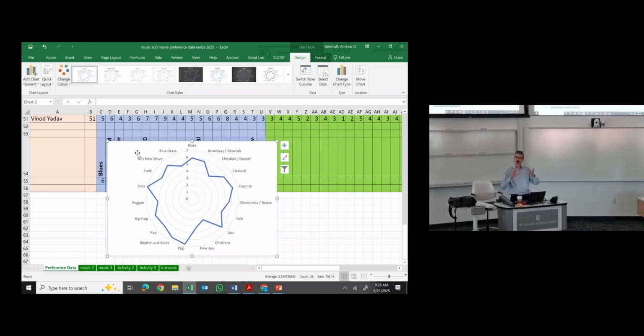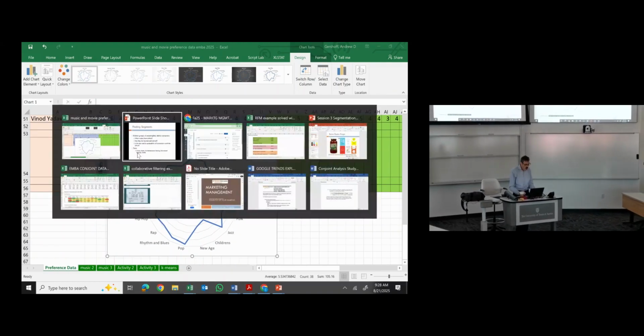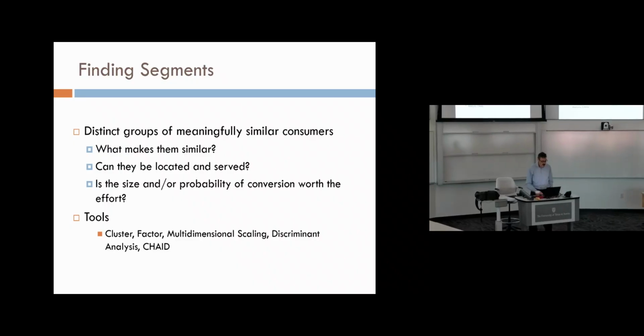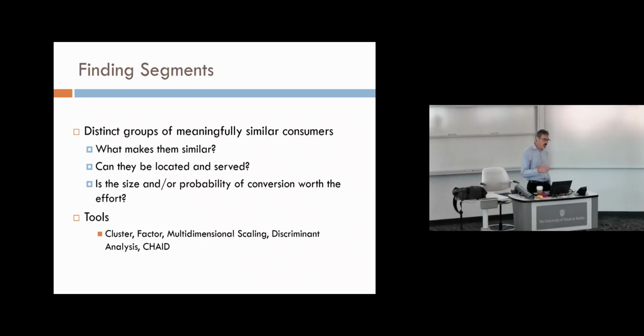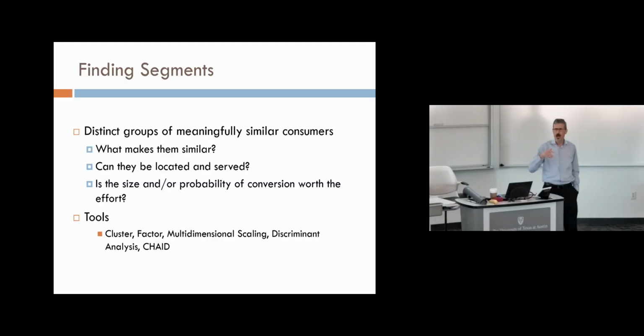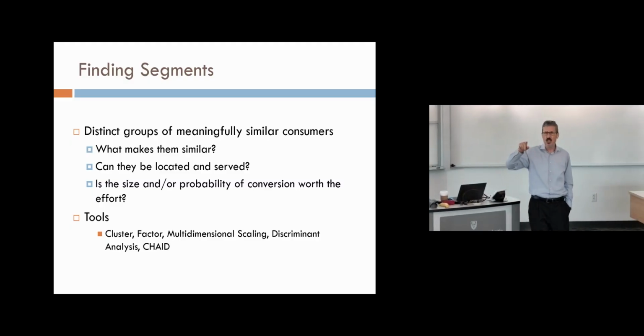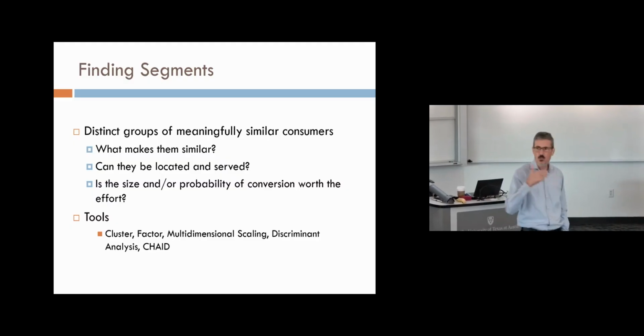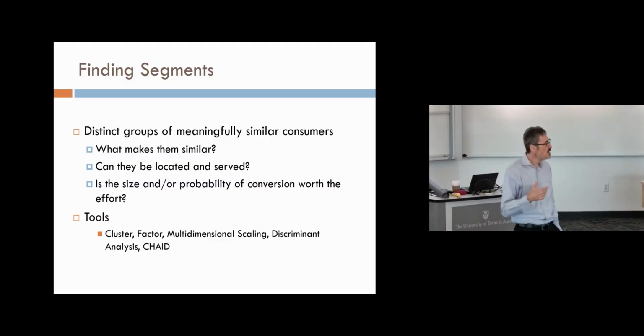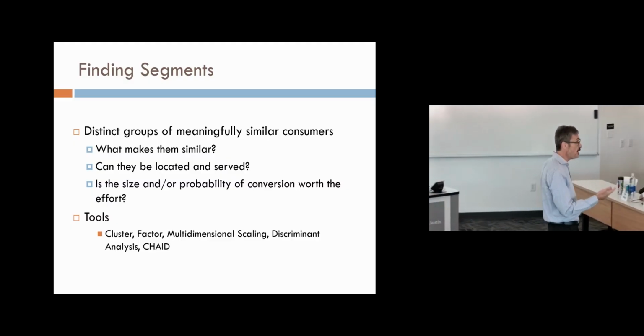Let's see if there are people that differ from one another. So as I do this, I also want to know what makes them similar. And then later, I think it was Bernard who was asking this question. Later we're going to go back and say, well, just because we have identified the segment, that doesn't necessarily mean that we will target that segment.